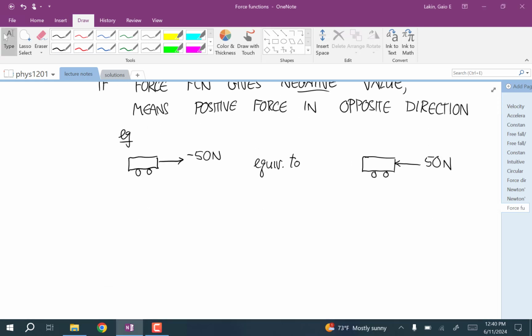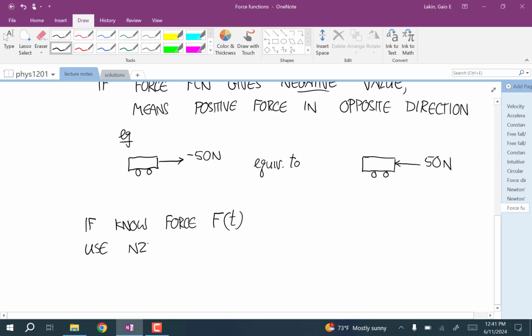And if you know a force F of t, so we're assuming that that force is known as a function of time, you can use Newton's second law to calculate the acceleration as a function of time.